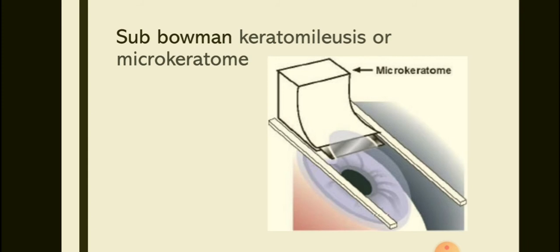So they created a thinner flap, that is 100 micrometers, which was previously 160 micrometers. And they saw that by creating that thinner flap, we can correct 3 to 4 diopters of refractive error. So this is how microkeratome became very popular worldwide.